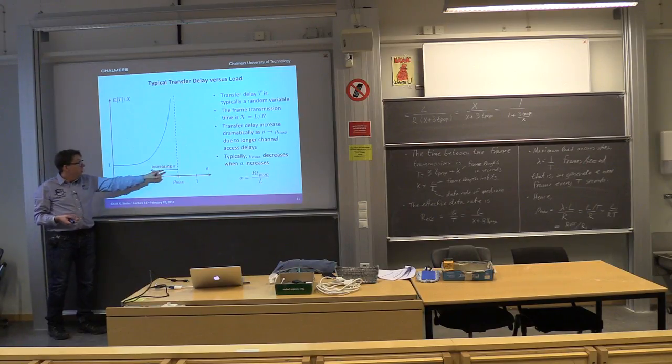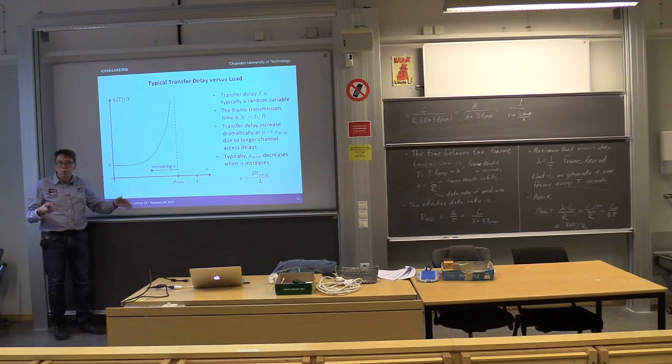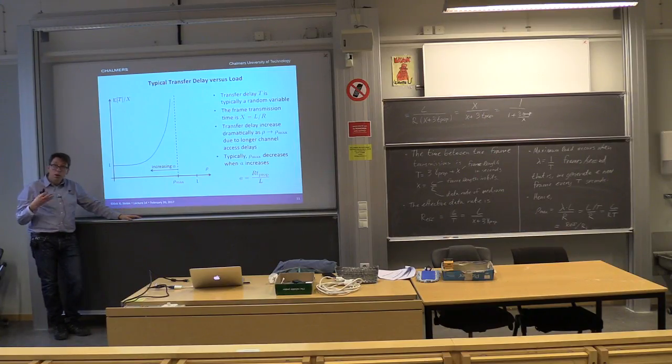So A is our enemy in a sense, or A is what we have to work with. That's given by the medium, and we need to do the best we can with that. So depending on what A is, we have different protocols that have different advantages and disadvantages, just as we have several retransmission protocols for different situations.